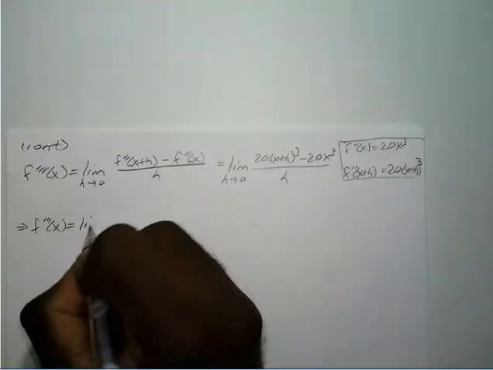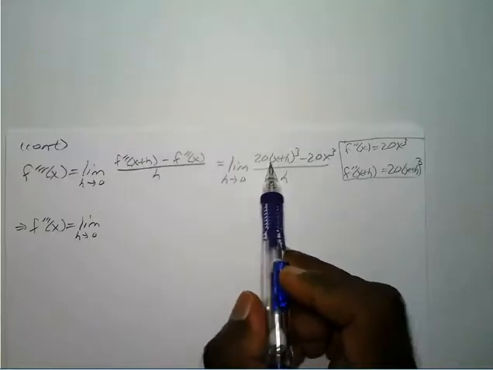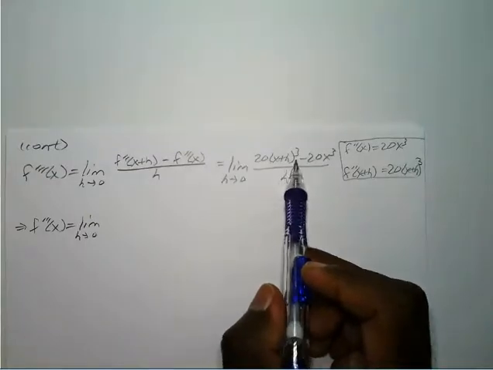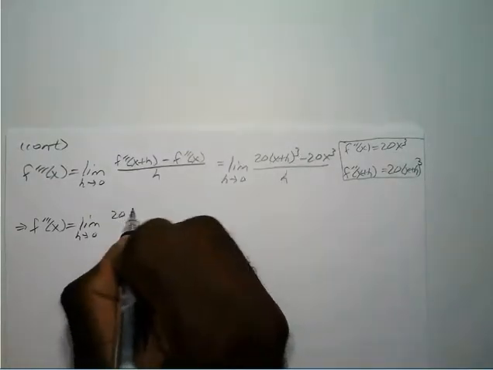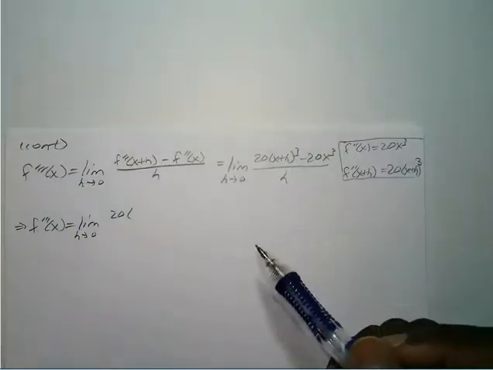Okay, so you have the limit as h approaches 0 of 20 times x plus h to the third power. And just like before, you can use Pascal's triangle, or you can use binomial theorem to expand x plus h to the third power.